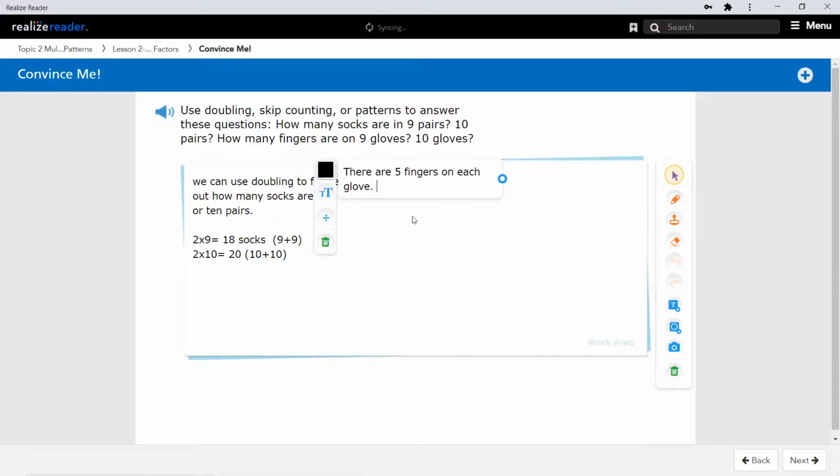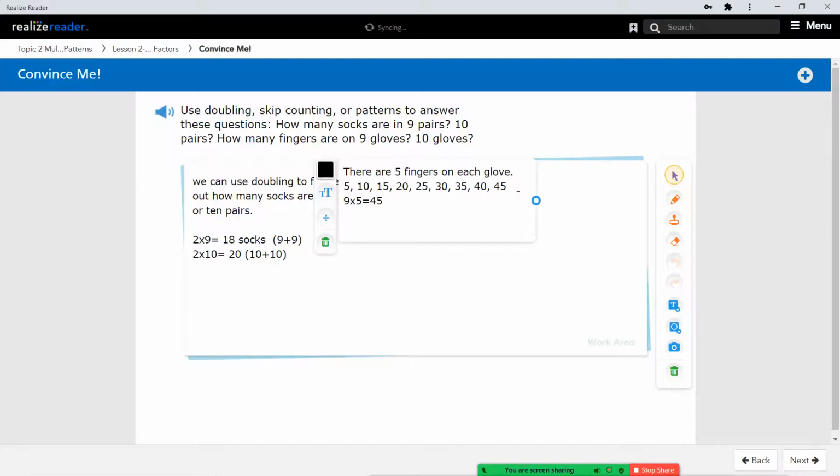Now, if I'm going to skip count 9 times to figure out how many fingers are on 9 gloves, I can skip count by saying 5, 10, 15, 20, 25, 30, 35, 40, 45. So I've made 9 jumps over here. So 9 times 5 equals 45.